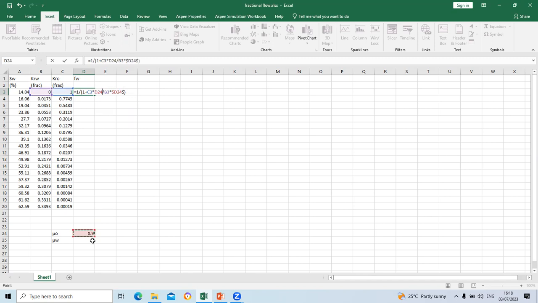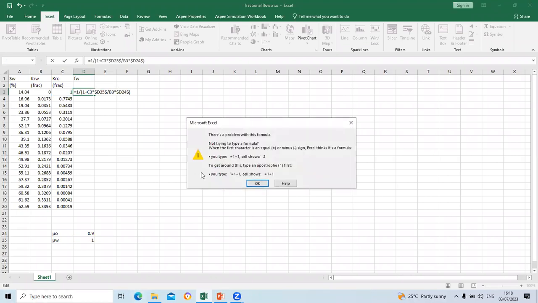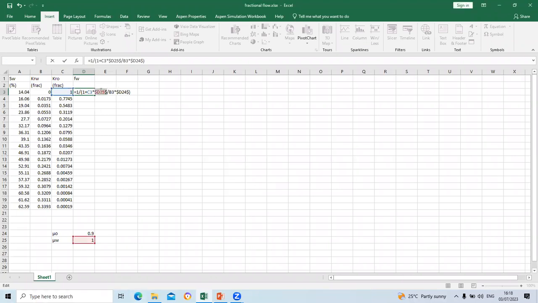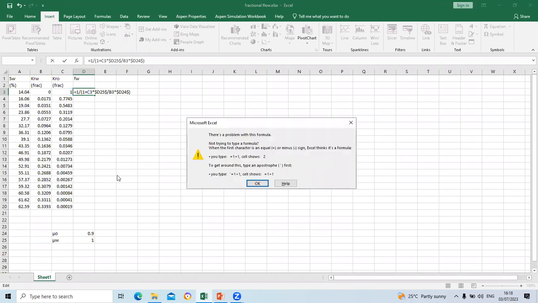No, not D24, it's D25. And then we have our dollar sign before and after to show that it's constant. D25. What are they saying?